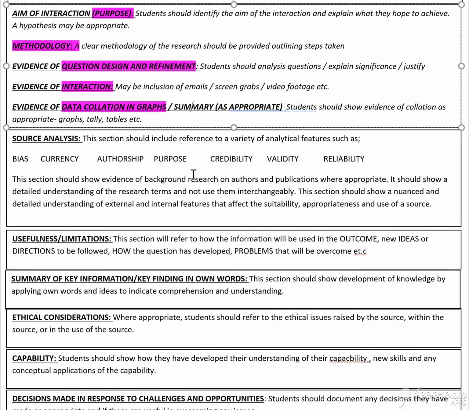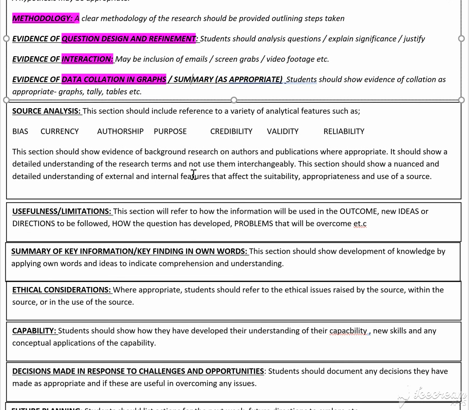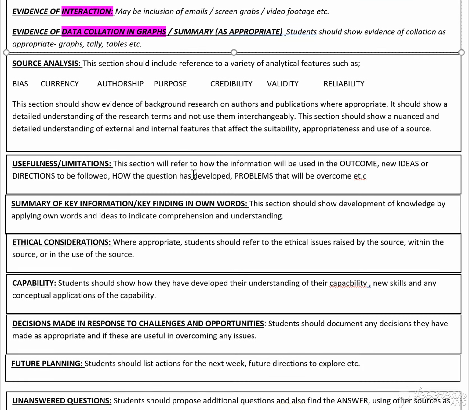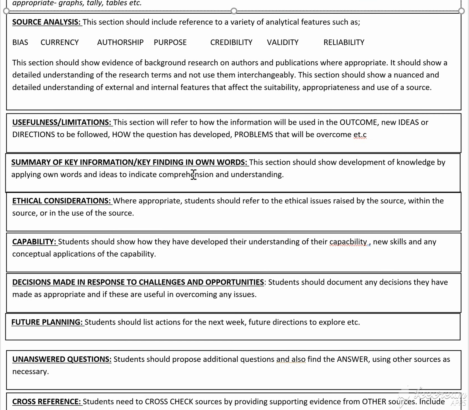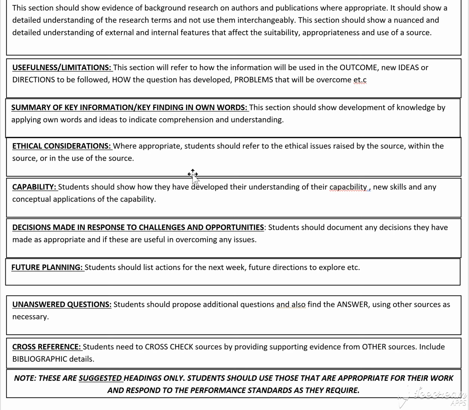Then we go back to a normal kind of source analysis process where we're talking about whether it was a useful interaction. We're summarizing our usefulness, limitations, our key information, ethics, capability, any decisions that we made, any future planning, unanswered questions, and cross-referencing. Now, you might not fit all of those things in.